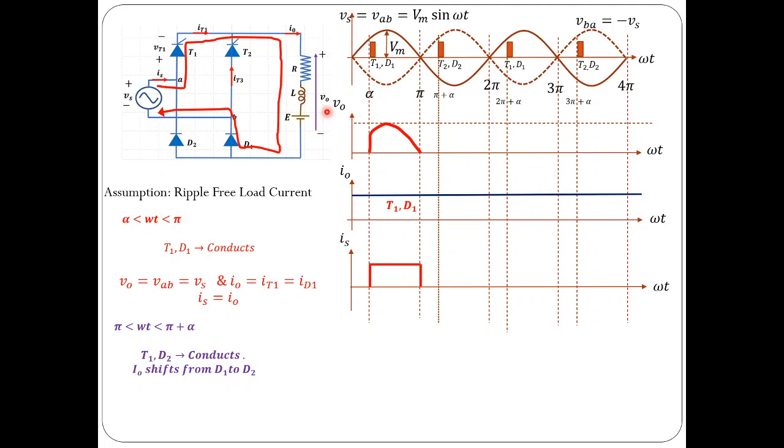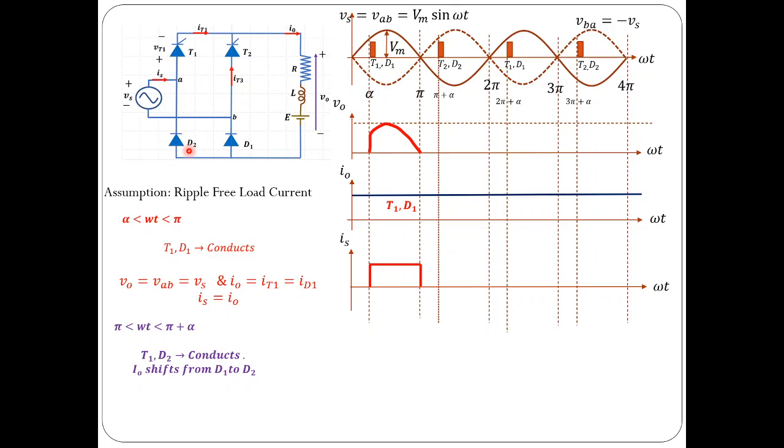Once this voltage becomes negative, D2 would be forward biased by this conducting path as well as the load voltage. You can see the voltage across diode 2 is minus V0, where V0 is negative, so minus V0 becomes positive during that period. So this would come into conduction.